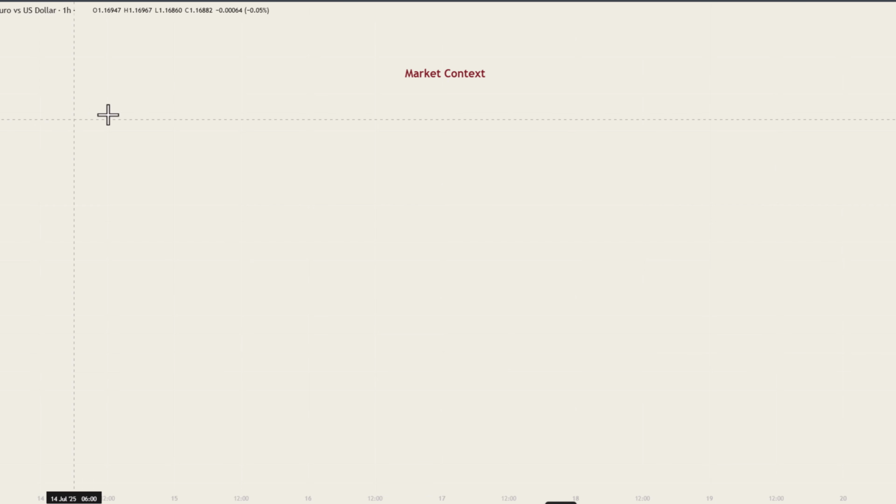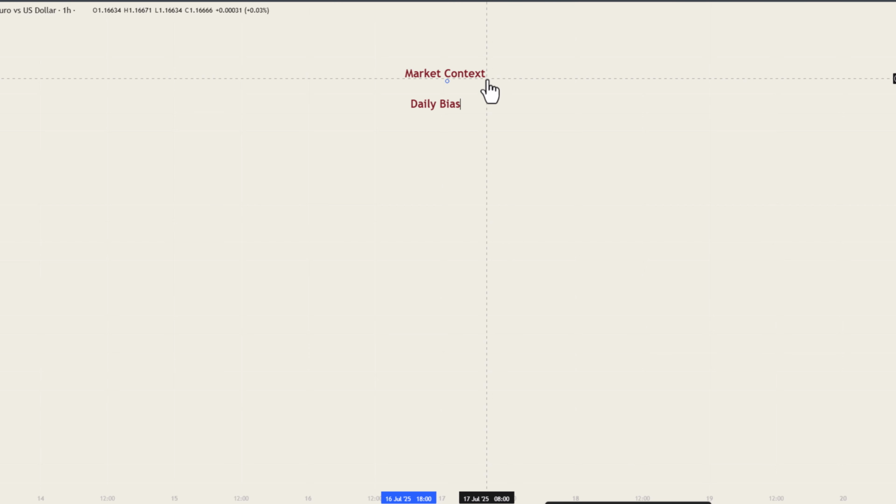So under this context, I look out for what we call daily bias. Now, before daily bias, you have to consider the weekly time frame. The weekly time frame gives you the direction of the price.